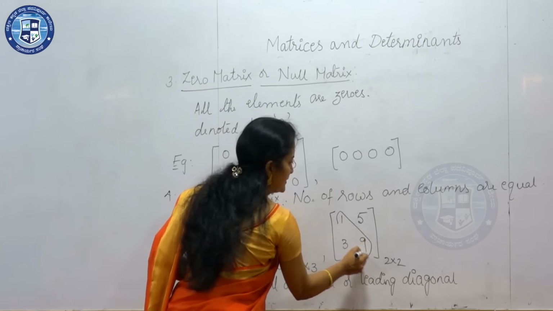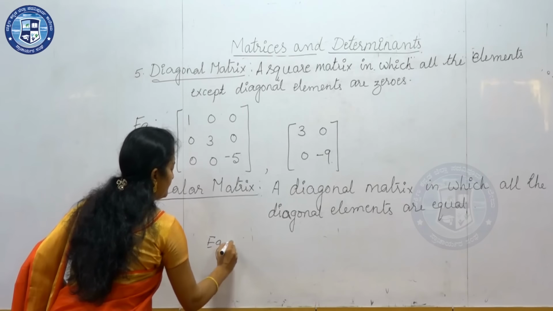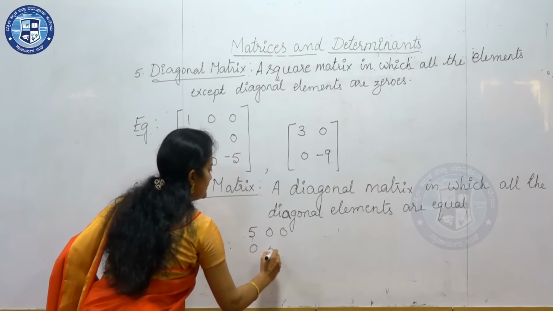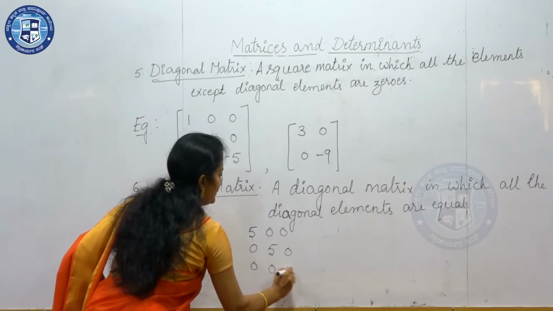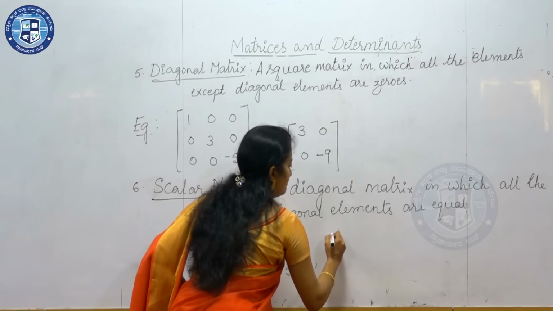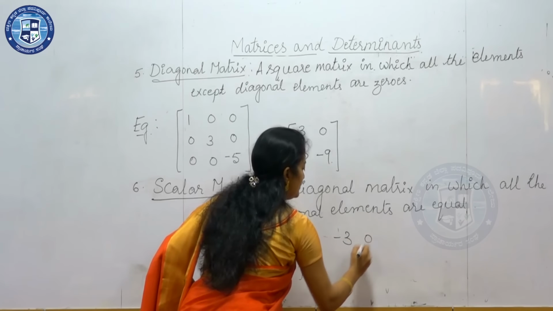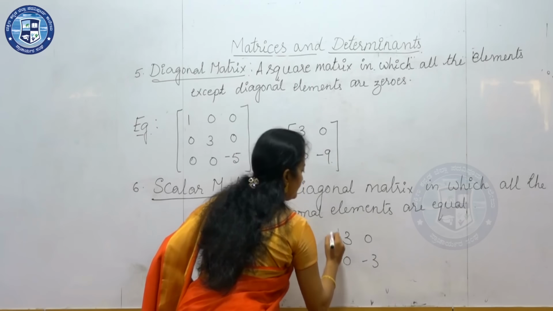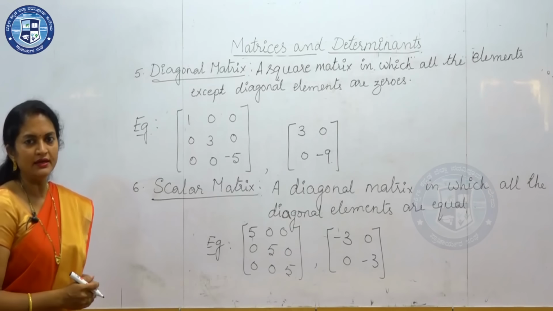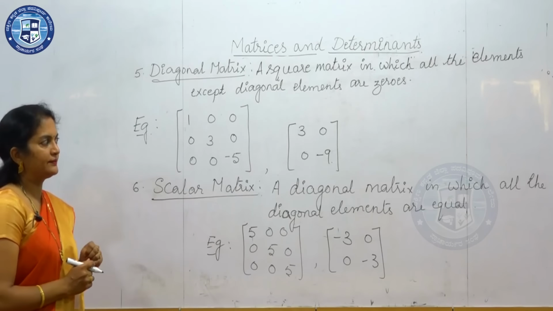So, example we can take: 5, 0, 0, 0, 5, 0, 0, 0, 5, and minus 3, 0, 0, minus 3. These are the examples of a scalar matrix.